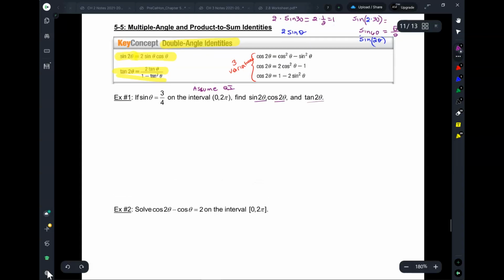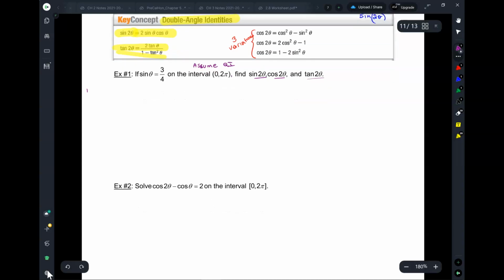Well, for each of them, sine of 2 theta, let's say, what are the ingredients? We need sine of theta and cosine of theta. Well, I have sine of theta. I don't have cosine of theta. So first, I'm going to use a Pythagorean identity to find cosine of theta.